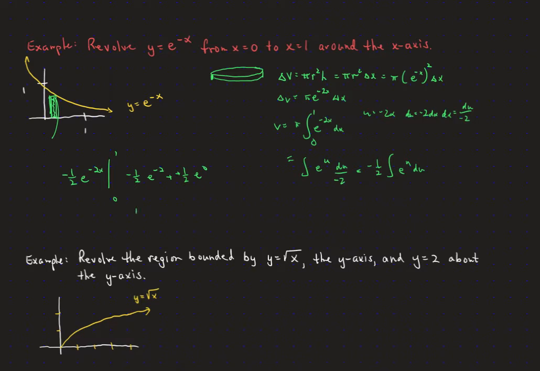So that's going to be a 1/2, e to the 0 is just 1, so 1/2 minus, and we can either leave it as a 1/2 e to the negative 2, or if you wanted, we could call it 1/2 minus and then put that e squared in the denominator. So either of those is equally acceptable for our volume.